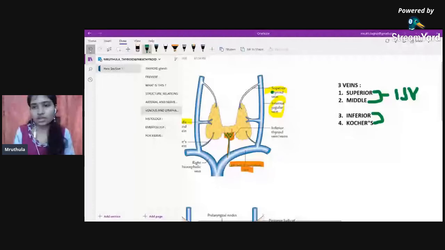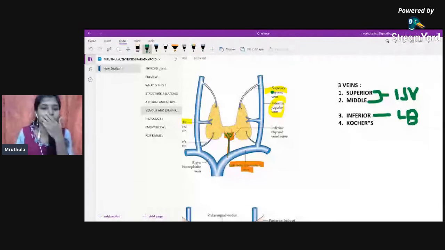So inferior is draining into the left brachiocephalic vein. And if there is a Kocher's vein, that will also have a course, and the Kocher's vein drains from the inferior lobe of the thyroid gland.